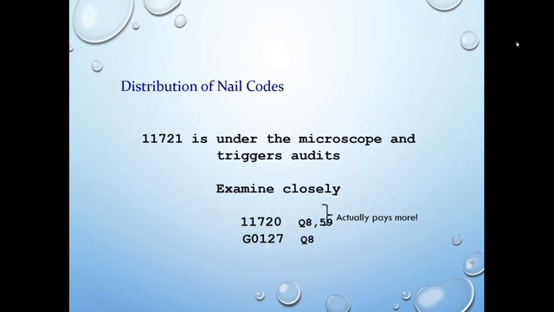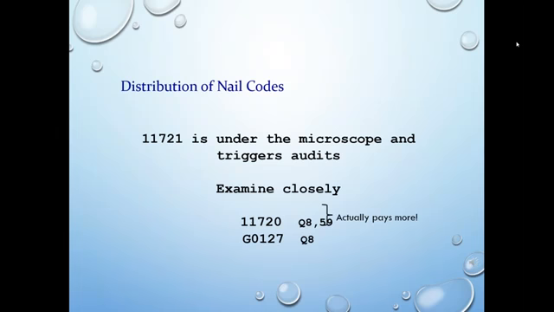Number one, that will give you a much nicer distribution of your nail care codes across the board, keep you under that threshold, and hopefully keeps you away from audits for your at-risk foot care.